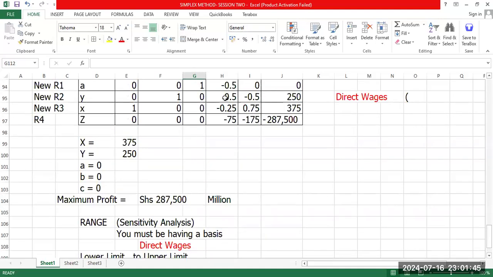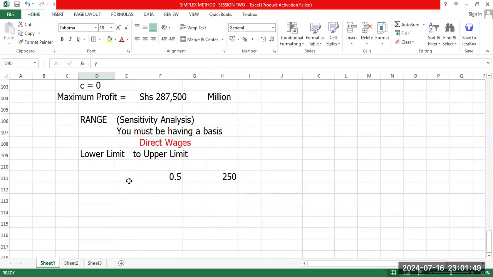That is corresponding to what? This is corresponding to Y. Remember, this is a different decision variable. Also, X is a different decision variable. Now, if you want your focus to be on Y, these are the figures you will pick.